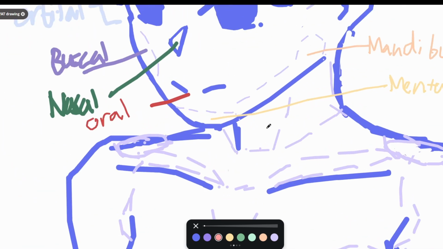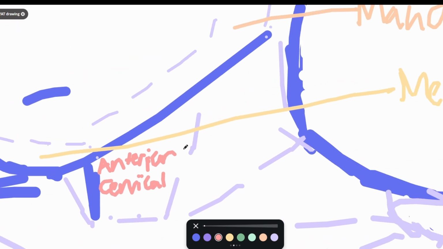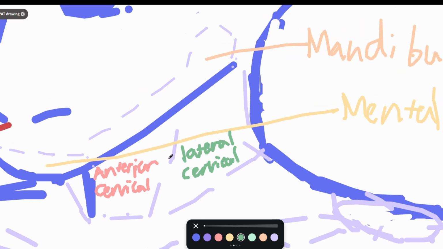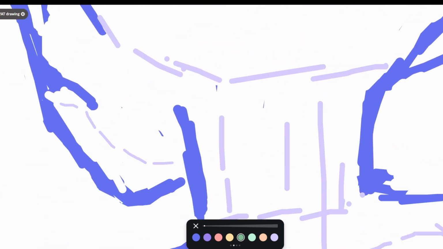The front part of your neck, you would call the anterior cervical region, right? Fair enough. And over here on the side, away from the median, if you remember, you would call that lateral. Lateral cervical region.